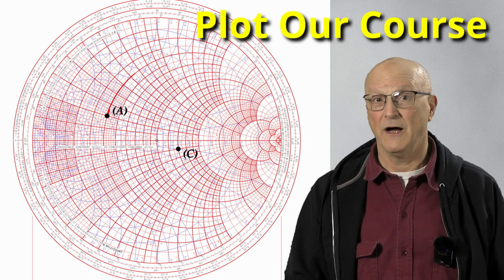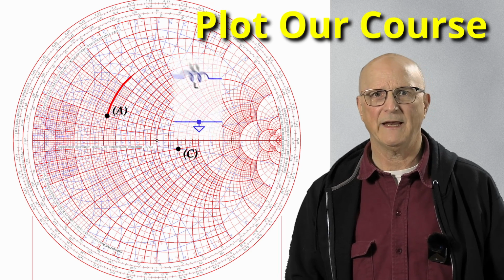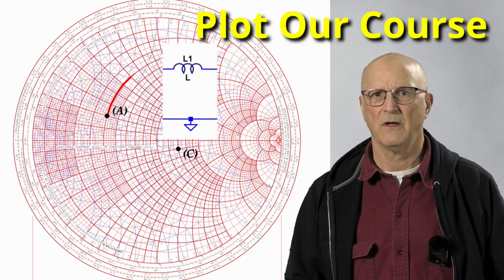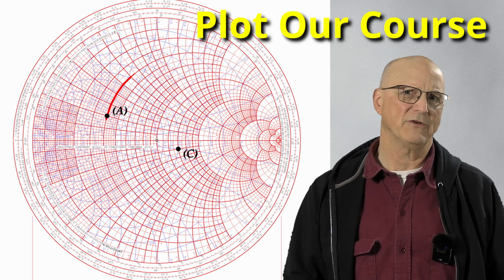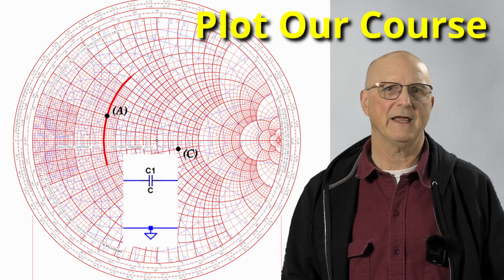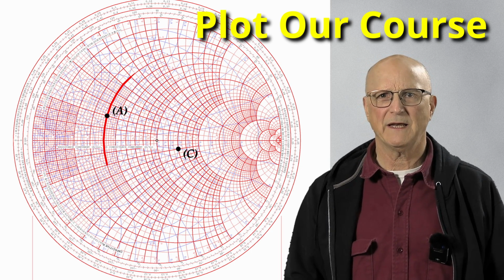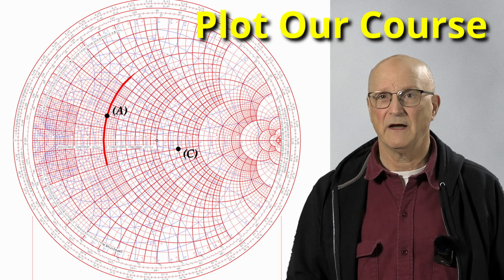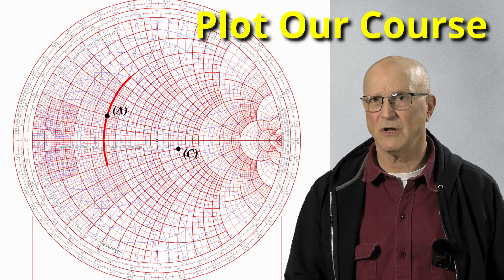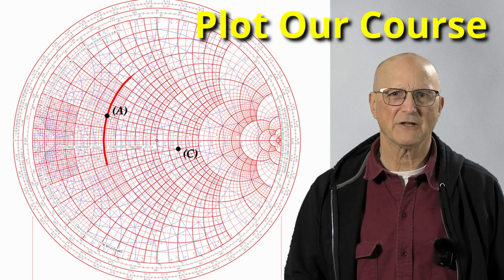Well, we can travel up the red constant resistance circle, which would be adding a series inductor, or we could also travel down the red constant resistance circle, which would be adding a series capacitor. Both of these seem to be getting us closer to our goal. In other words, moving toward the load's dot at point C. So let's follow these a little bit.